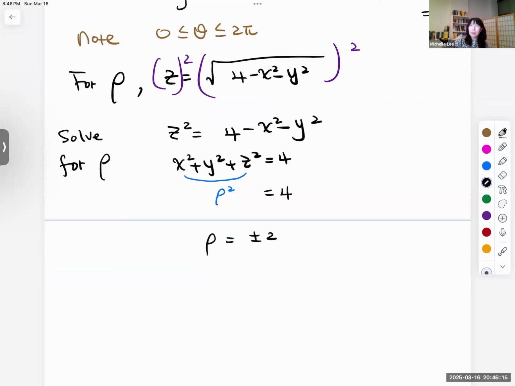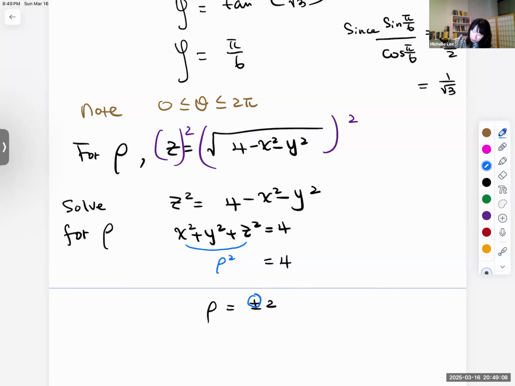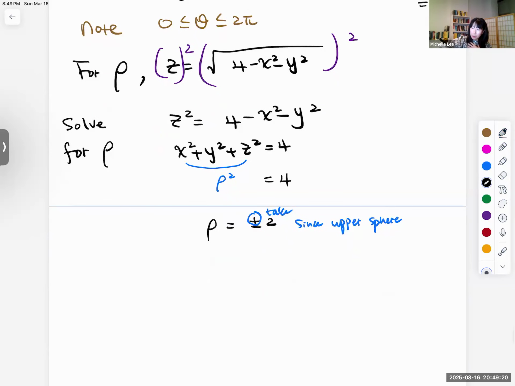And then we take only the positive, since it's the upper sphere. All right, all together, let's set up the triple integration. d rho d theta, I'm sorry, d rho d phi d theta.